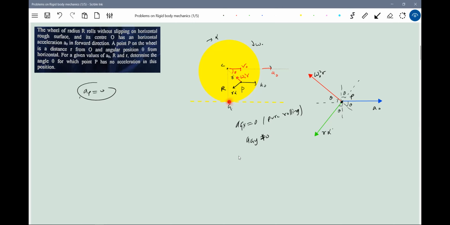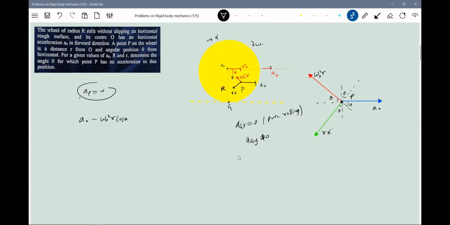Okay. Hope everyone is able to understand, because here centripetal acceleration will be there. This is what we are just applying for pure rolling. I think small ideas can be asked. Any teacher will try to stress these small basic things. Now a naught minus omega naught square r cos theta equals 0.